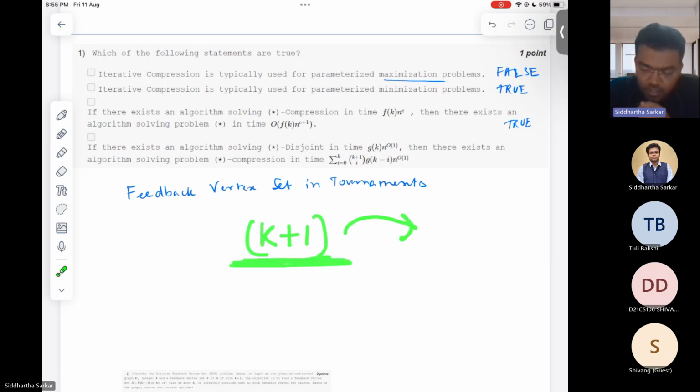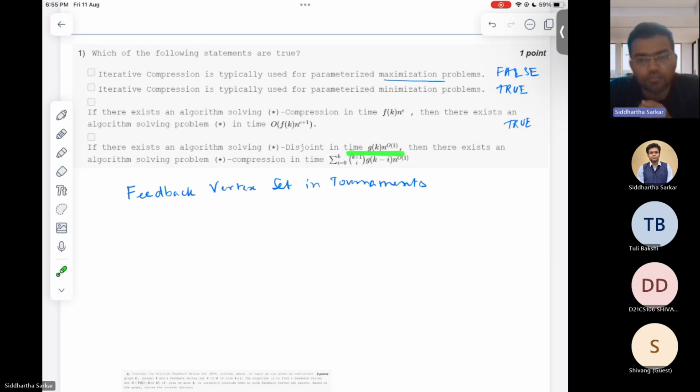Then we ask whether we can get a solution of size k which is disjoint from the given solution. So if there is an algorithm which runs in some function g of k times n to the constant, then there is an algorithm for solving the compression version in time summation i from 0 to k of (k plus 1 choose i) times g(k minus i) times n to the constant.